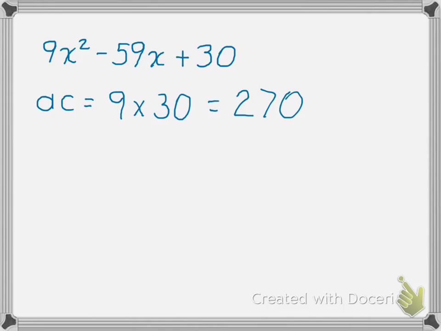How do you find factors of 270 that sum to give the B? And that is the correct first step for the factoring by grouping method.